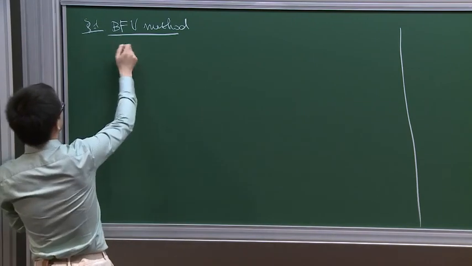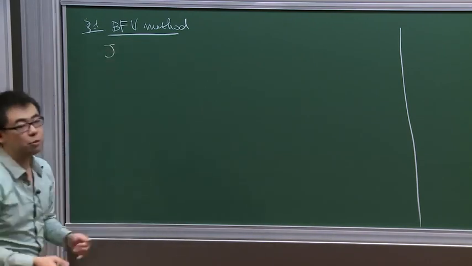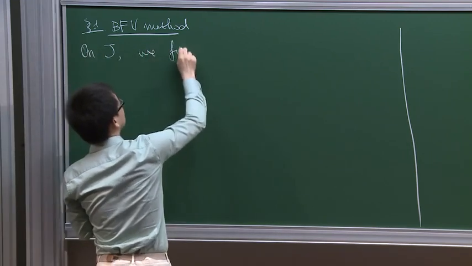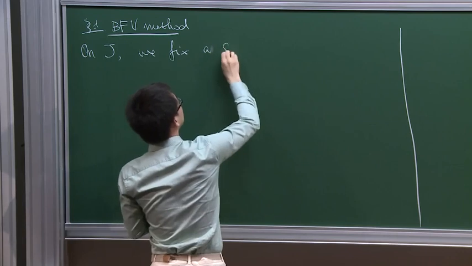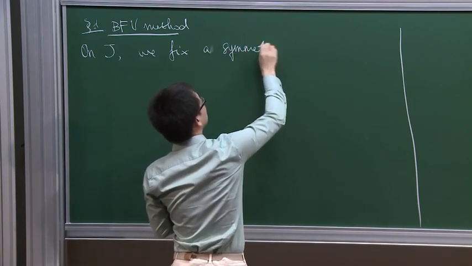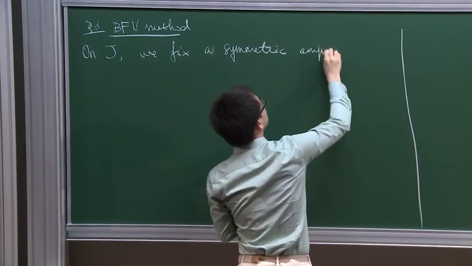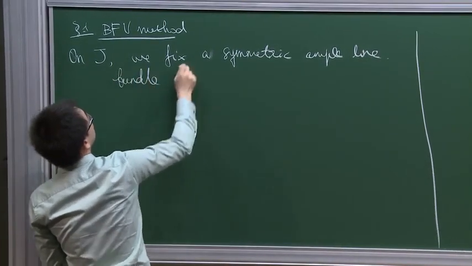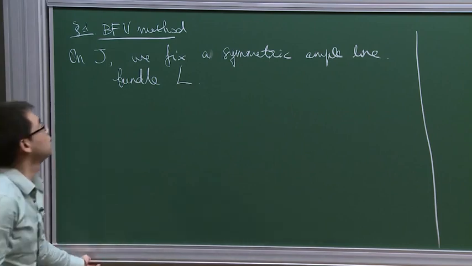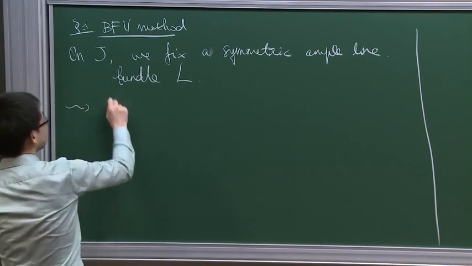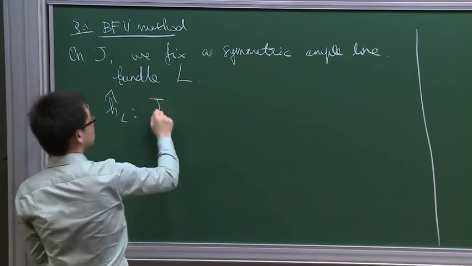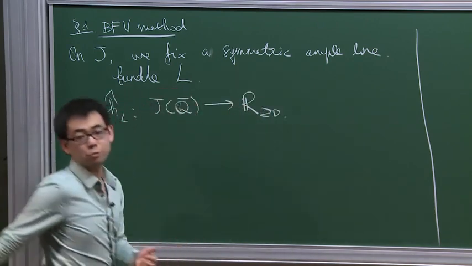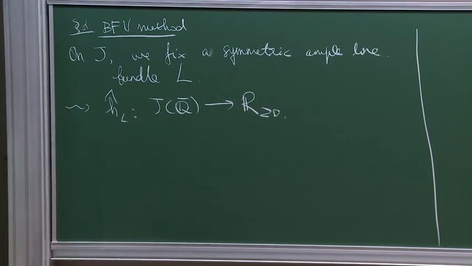Recall that if we have J, the Jacobian of C, on J we fix a symmetric ample line bundle L. Then this L defines a function from the Q-bar points to non-negative real numbers. It's called the Néron-Tate height function.